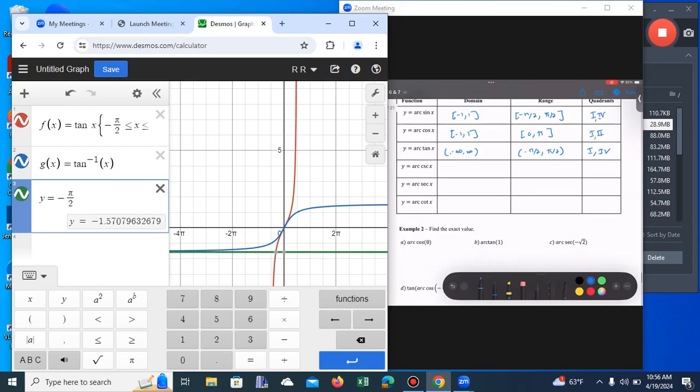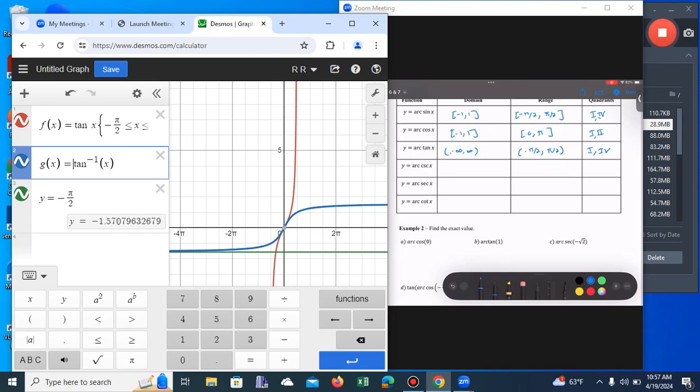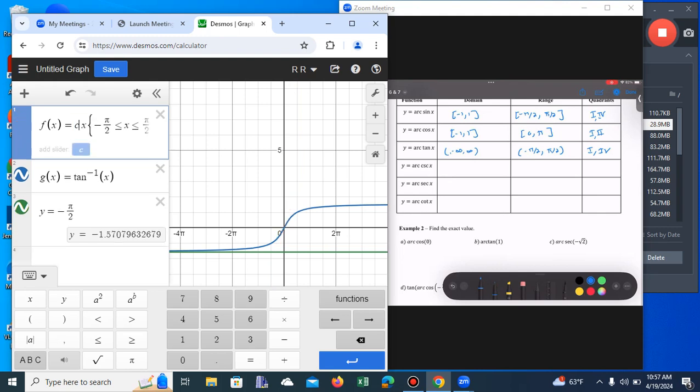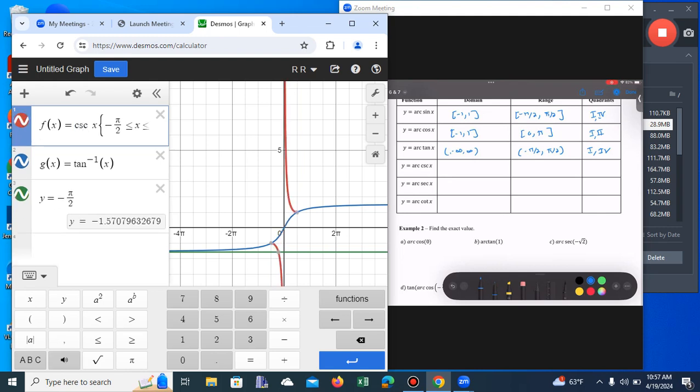Right. So arc cosecant, arc secant, arc cotangent. Not sure how easy they would be to graph. Let's try one. That's cosecant.